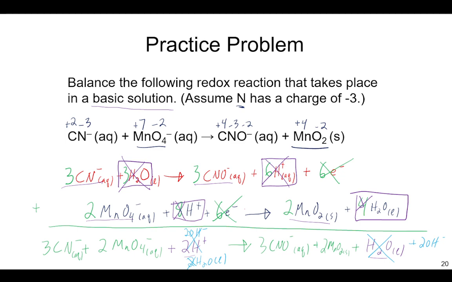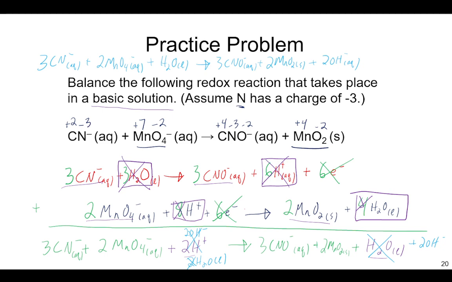And so the final balanced reaction is 3 CN minus aqueous plus 2 MnO4 minus aqueous plus a single H2O liquid generates 3 CNO minus aqueous plus 2 MnO2 solids plus 2 OH minuses.